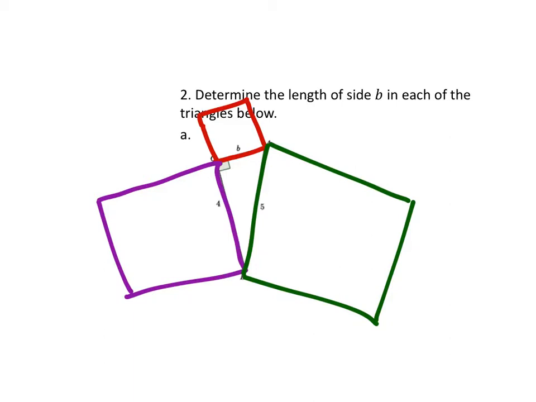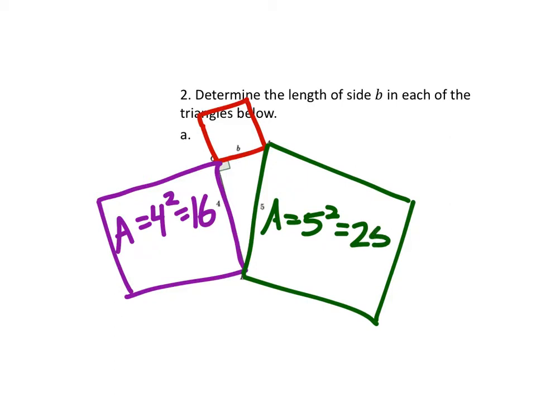And the purple square, I know its area, 4 times 4, which is 16. And the green square, its area, is 5 times 5, which is 25. So if I want the area of the red square, I've got to take the hypotenuse square, which is 25, and the purple square, which is the leg square, 16, and I need to subtract these.